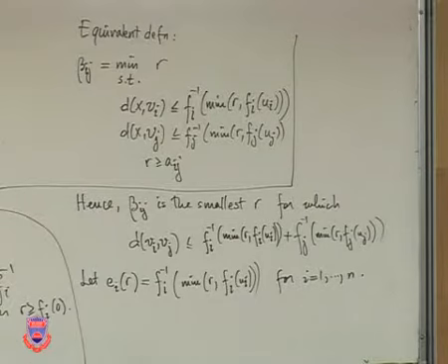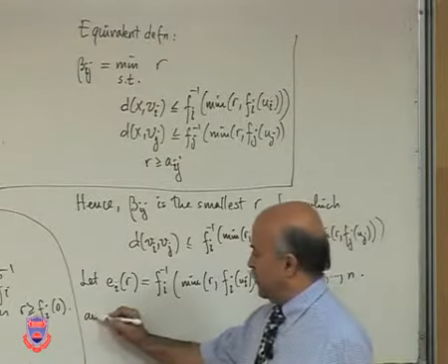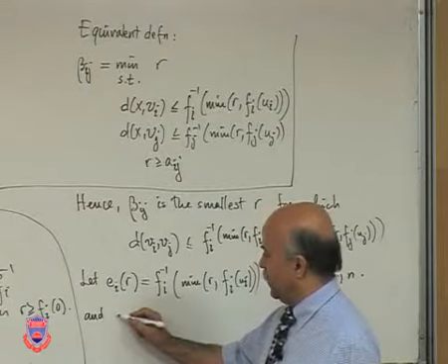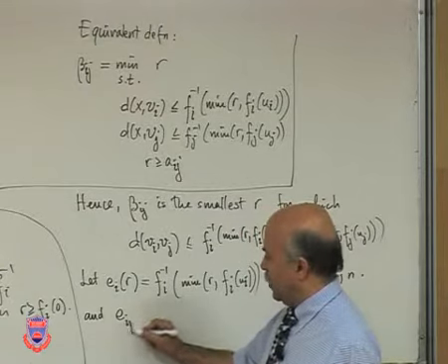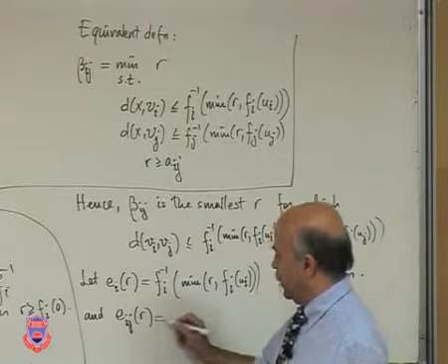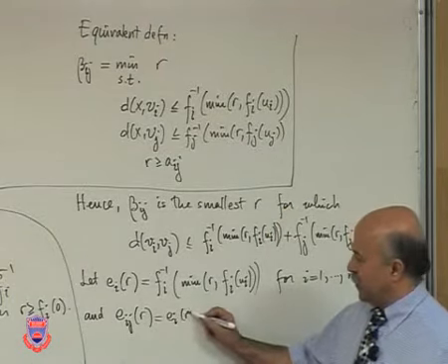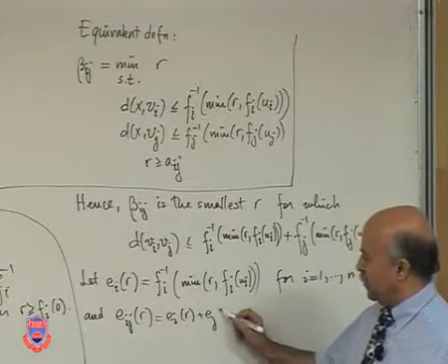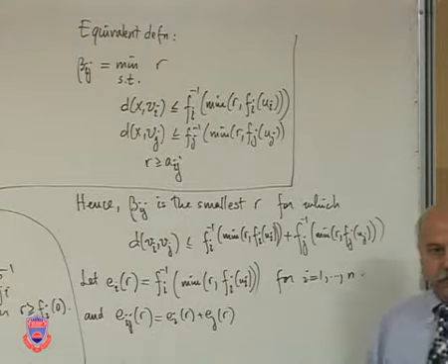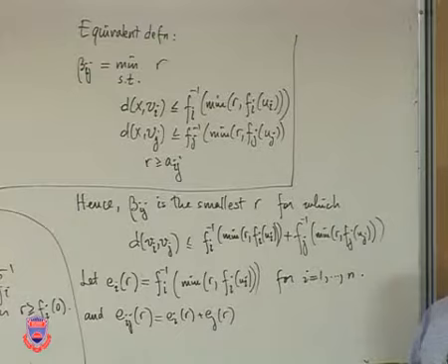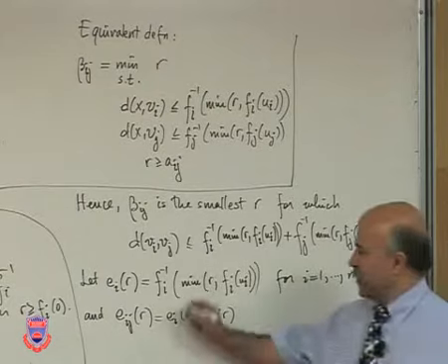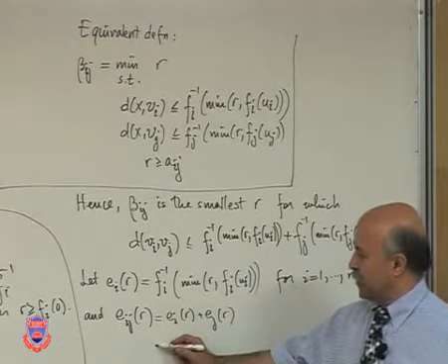Okay? And let's define Eij of R to be the sum of Ei of R plus Ej of R. So with this, what we're looking for is the following.